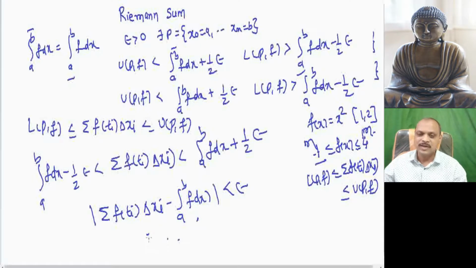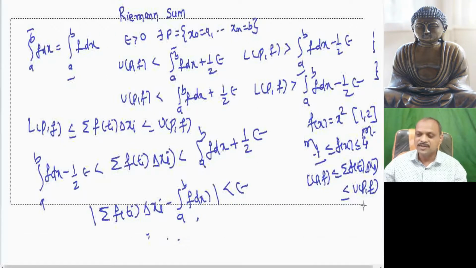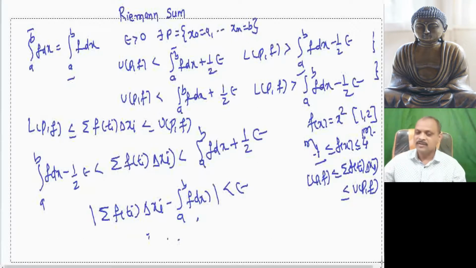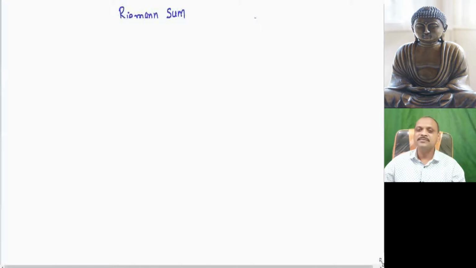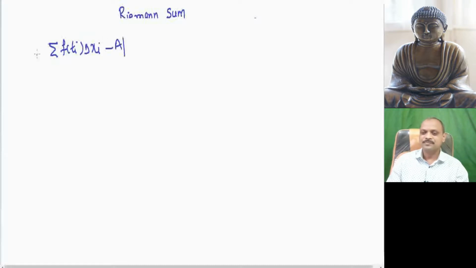Now the converse part. Now we see that if the function is integrable as per the definition of Riemann sum, then what about the integrability of the function as per the upper integral and lower integral? So according to the Riemann sum, the modulus of the summation of f(ti) Δxi minus A is less than epsilon.